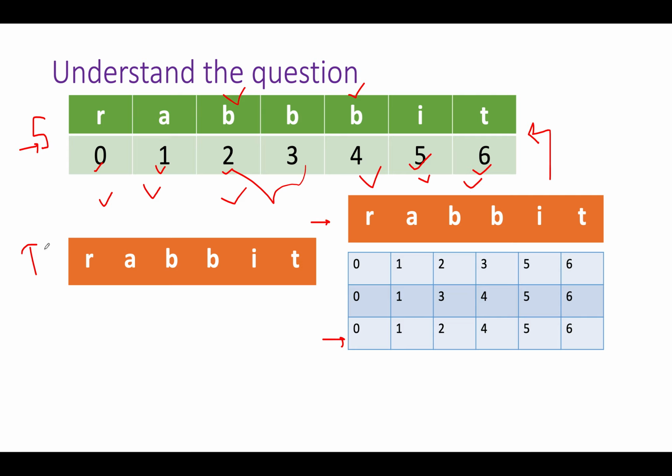The third case is you select R, A, then you skip this B and select these two B's. So 3 and 4 get selected followed by T. In these many ways rabbit can be formed, and its count is 3. We need to return its count. Pretty straightforward.